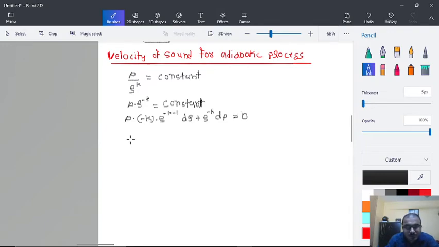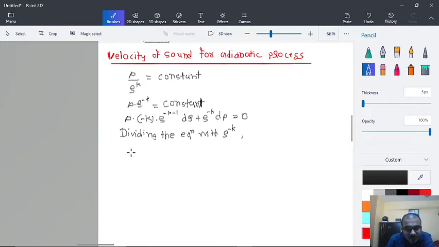So here also we will be dividing the equation with rho raised to minus k.